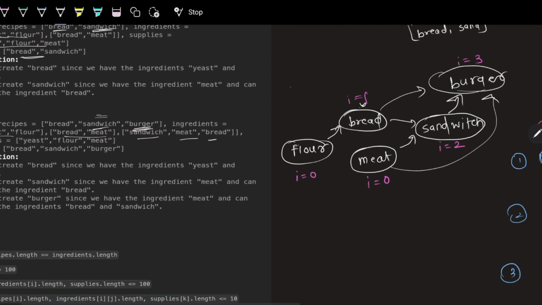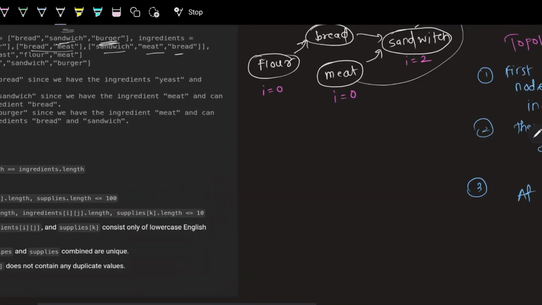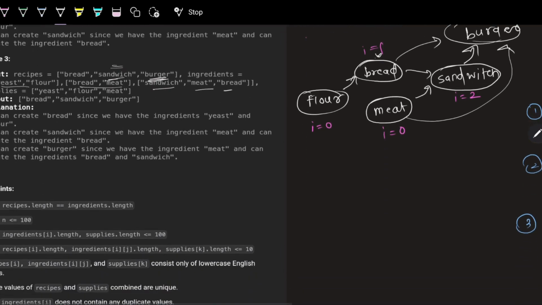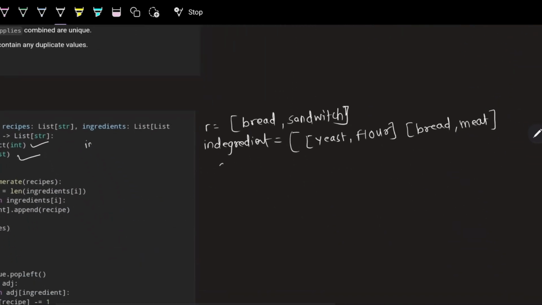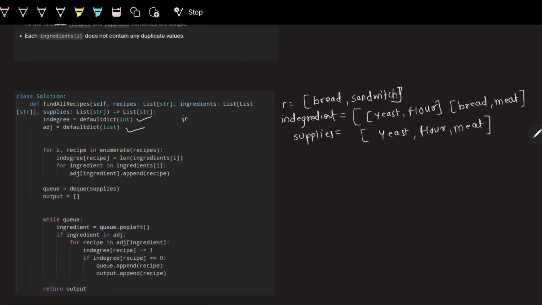For sandwich, we have bread and meat. Makes sense? And the supplies for that, they have given us yeast, flour and meat.